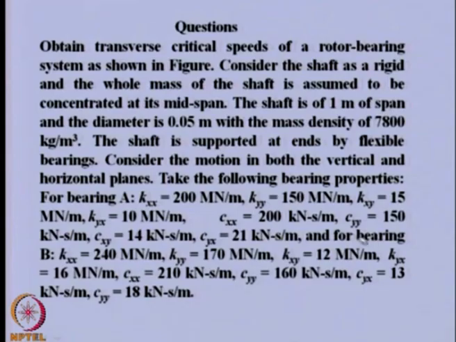In this particular case we are considering different bearings at the left hand and right hand, so that we can generalize this method. So, this is the right hand side bearing, which has another 4 coefficients of damping and stiffness.